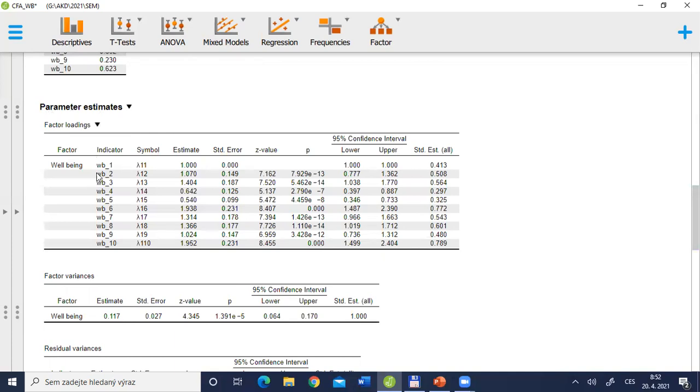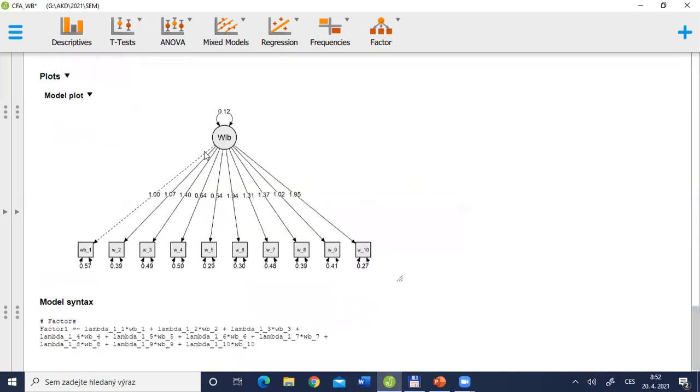First of all, I would like to add that for the first row, you can see that the estimate is 1, the standard error is 0, and there is no statistical evaluation for this first item. So it means, as you can see here, there is no solid line. This parameter is not estimated. The reason is that we need somehow to set the scale of this latent variable, and we decided to use the scale of the first item.